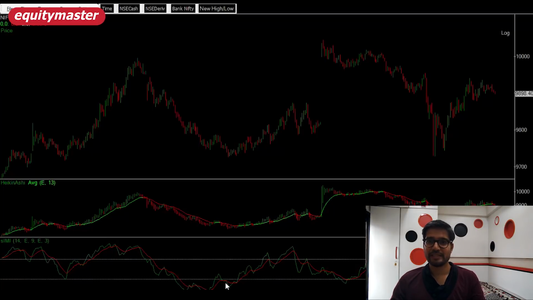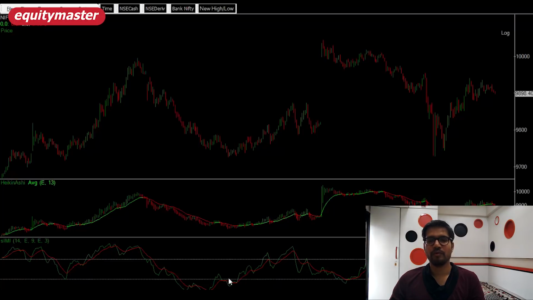So a best entry from an RSI perspective would be when the RSI is trading near its lows. So RSI ranges between 0 and 100, and when it's trading close to 20, it's known as oversold levels, and when it's trading near or above 80, it's known as overbought levels.